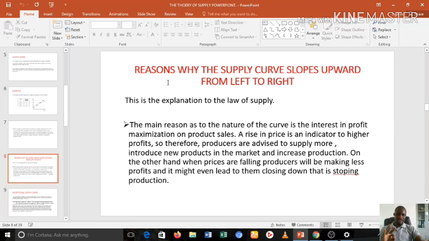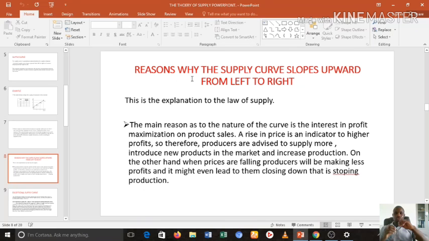We saw three factors: income effect, substitution effect, and the law of diminishing marginal utility. Those are the factors that make a demand curve slope downward from left to right. Now with supply, one of the reasons why the supply curve will slope upward from left to right.